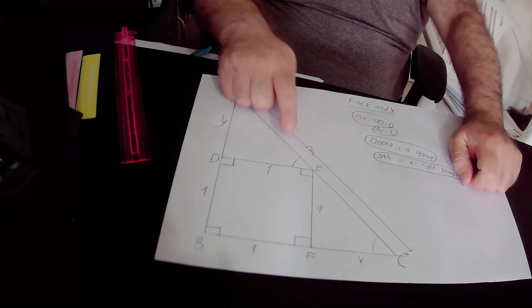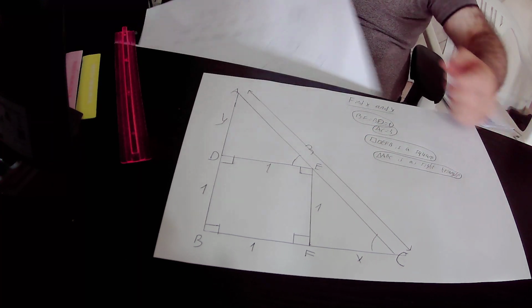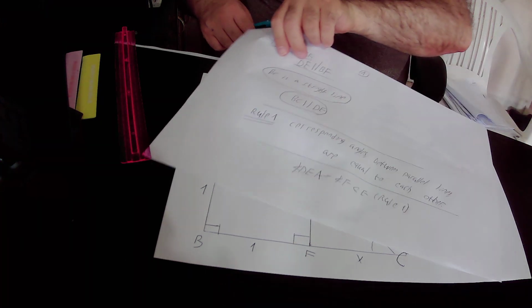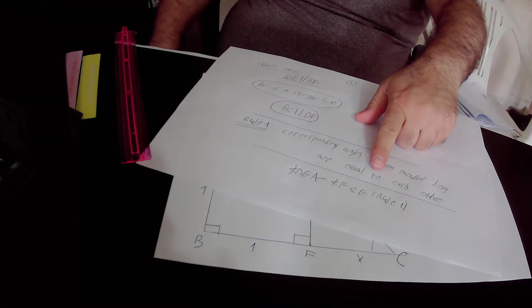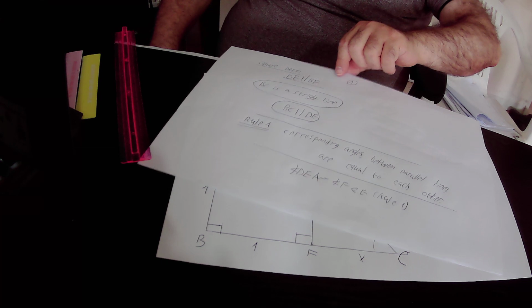So angle DEA equals angle FCE according to rule number 1.